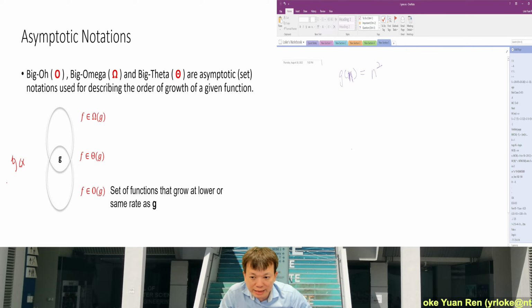Then if I say f is in O(g(n)), it means that all these functions can be considered as f. f can be a linear function, because based on the definition, it is the set of functions that grow at a lower or same rate. So n is lower.